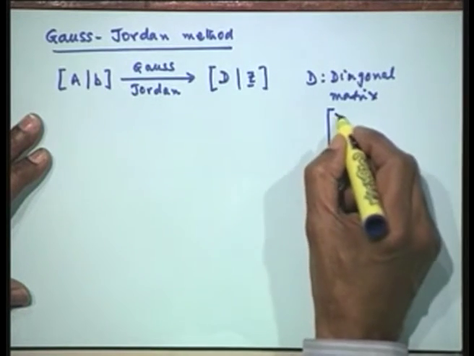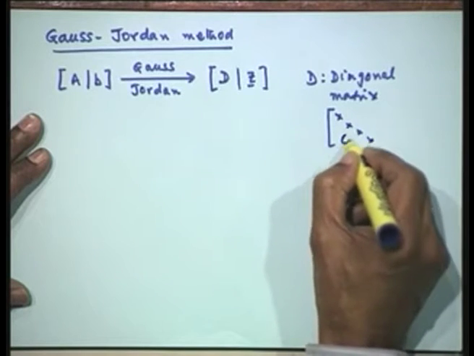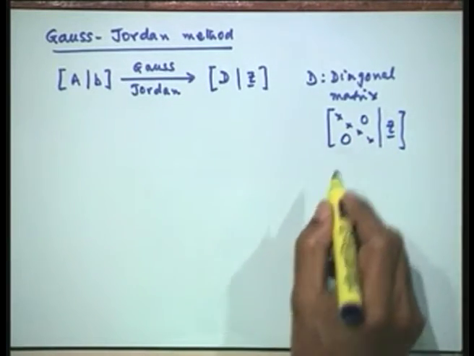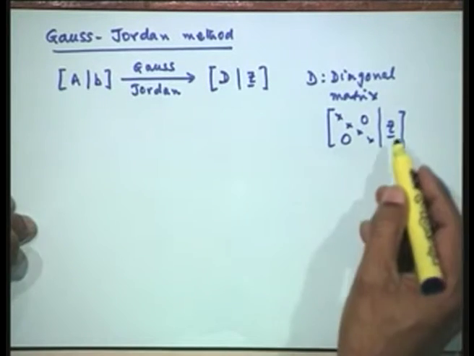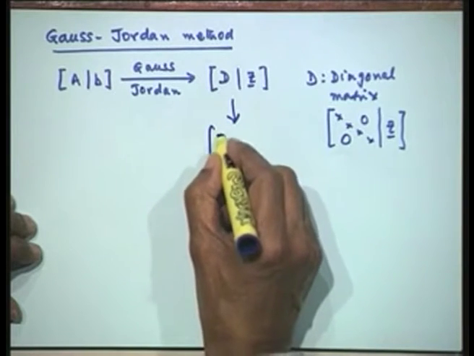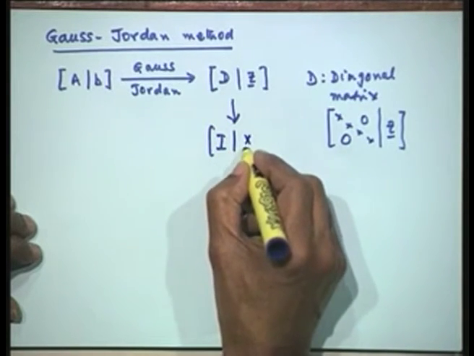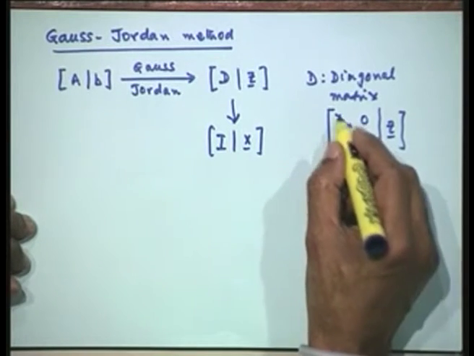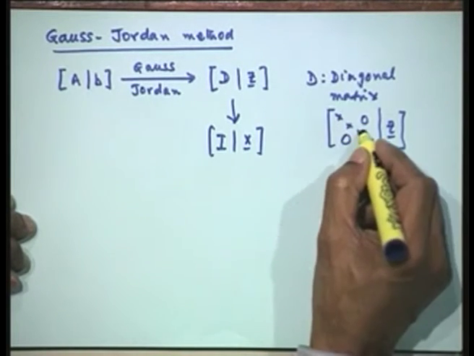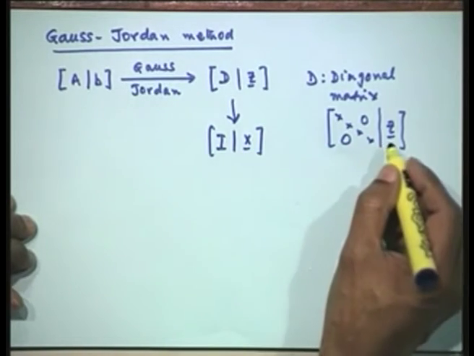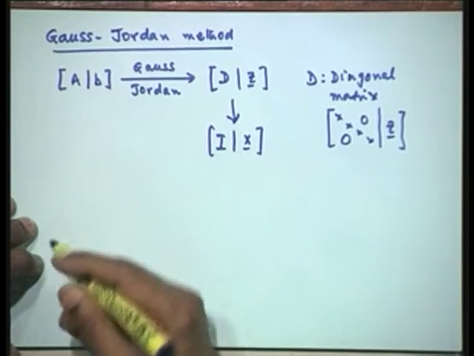It has some elements over here, we have produced zeros, and we have produced Z over here. So, I can divide each of these equations by the diagonal elements. Once I divide by these diagonal elements, I produce 1 over here, and that means this is I and this is x. Therefore, this is our solution vector, automatically coming from this.